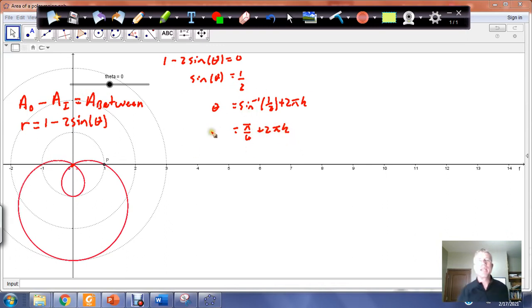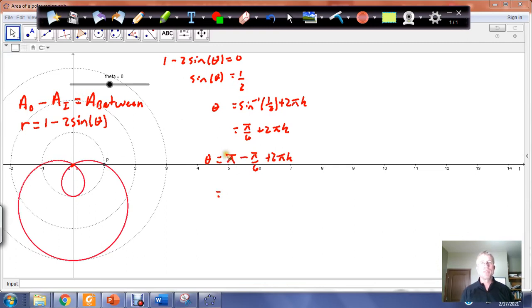It happens repeatedly. But remember, when we take the sine inverse, we get two solutions: the angle and the angle's supplement. So I should also be looking for theta equals pi minus that angle. To get the supplement, we take 180 degrees minus the angle, or pi radians minus the angle. It's going to be pi minus the sine inverse of 1/2, which is just pi over 6. So it's pi minus pi over 6, and we could add on the plus 2 pi k if we wanted to.